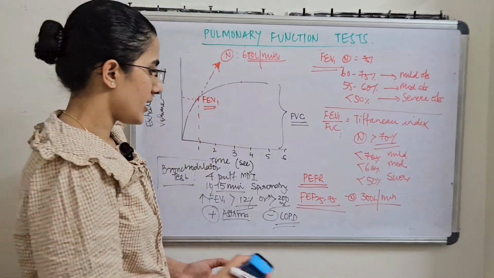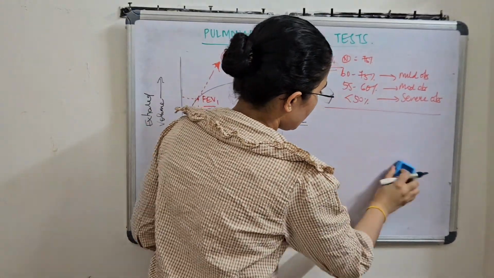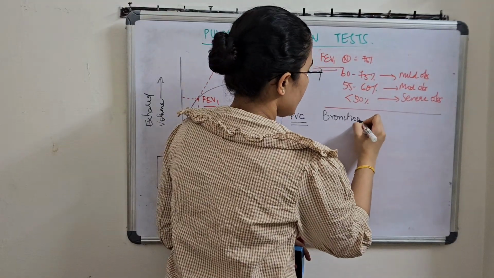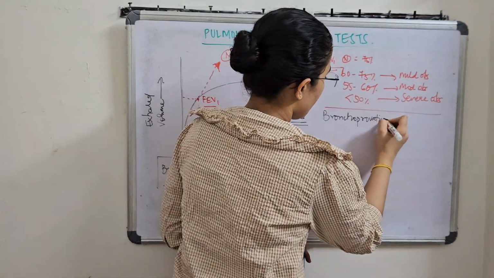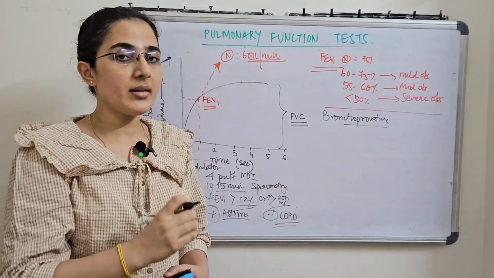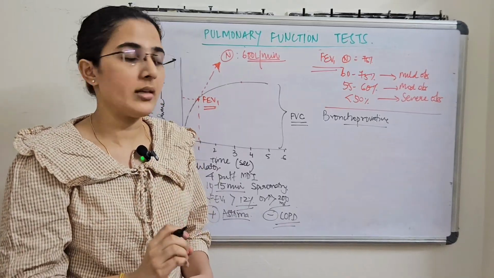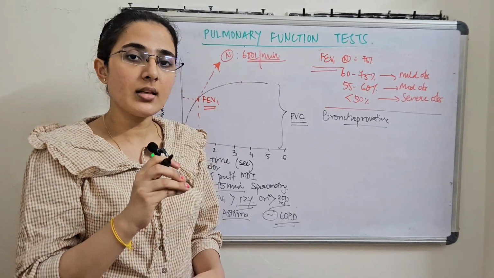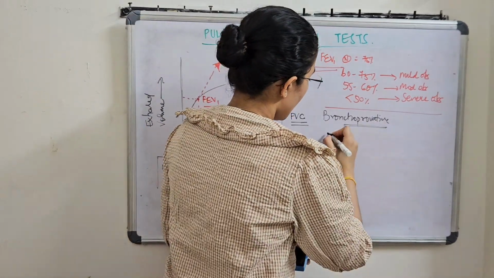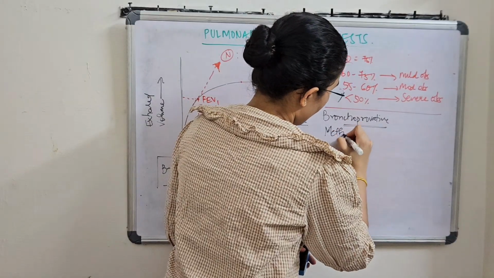One more important test which we have to remember is the bronchoprovocation test. This is done by the clinician if he suspects that the patient has a hyperreactive airway. In this case the spirometry will be normal, but we do a bronchoprovocation test using a non-specific muscarinic agonist like methacholine.